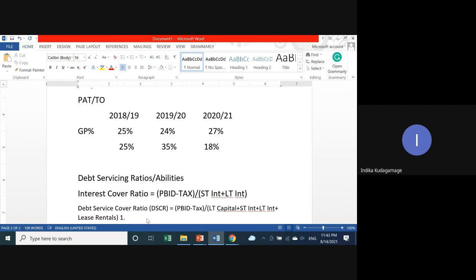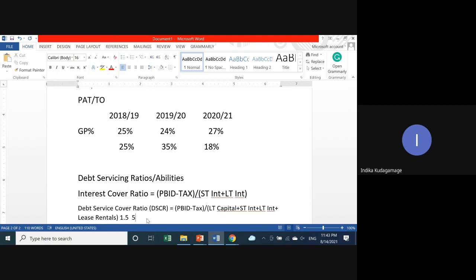DSCR should be in the range of 1.5 times, that's reasonable. So even a fluctuation will accommodate your long-term repayment. But if it is 5 times, similar to the current ratio, that is not good. Why?